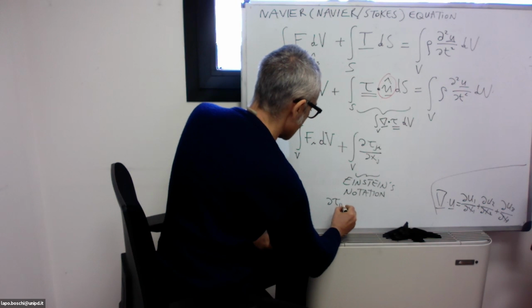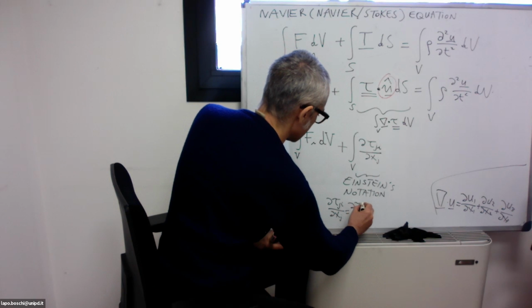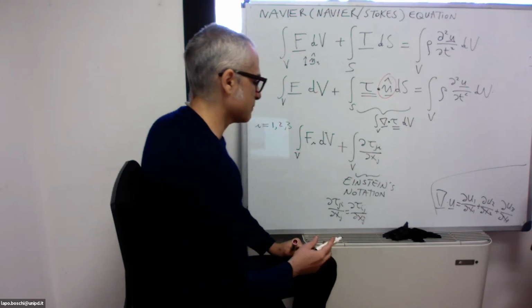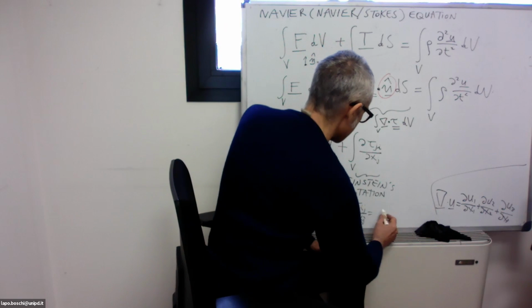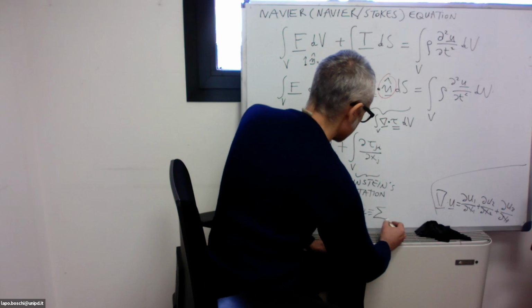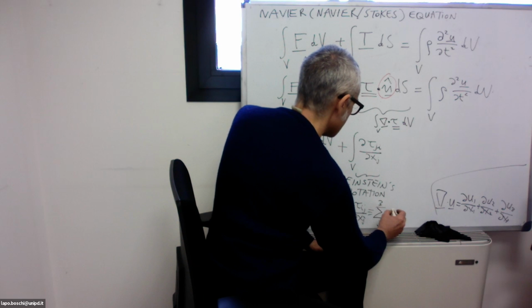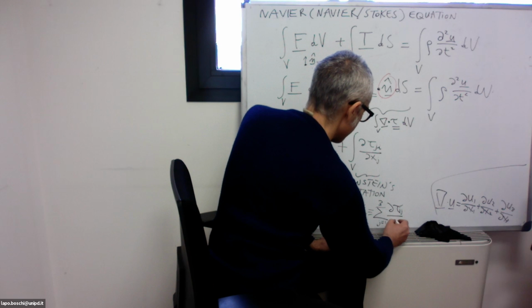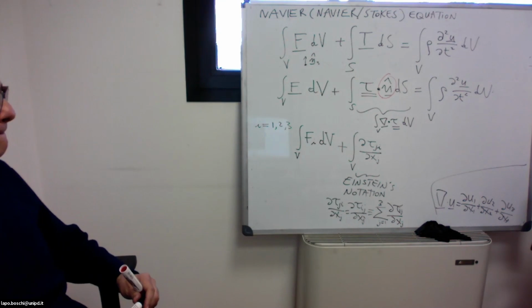So del tau Ji over del xj, which is the same as writing del tau ij over del xj, because tau is a symmetric tensor, is exactly the same as writing the sum over j from 1 to 3 of the same thing. So this is just a matter of notation, okay?